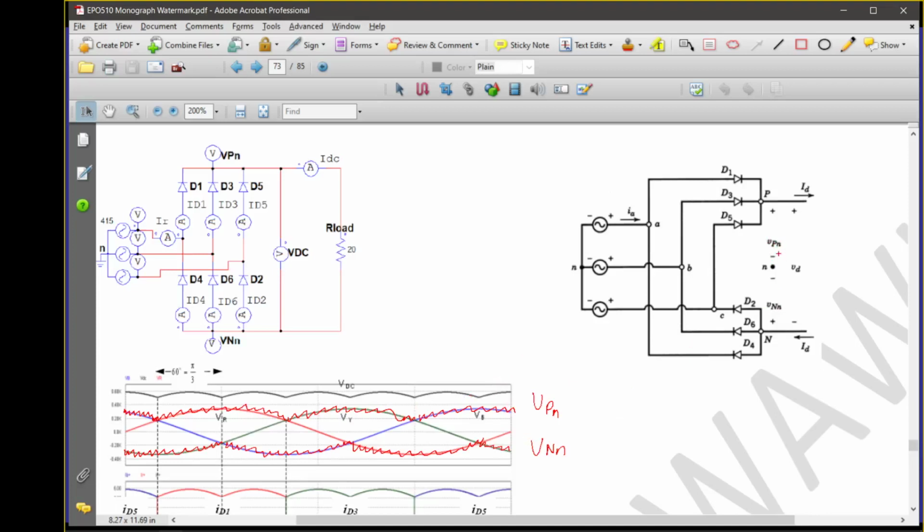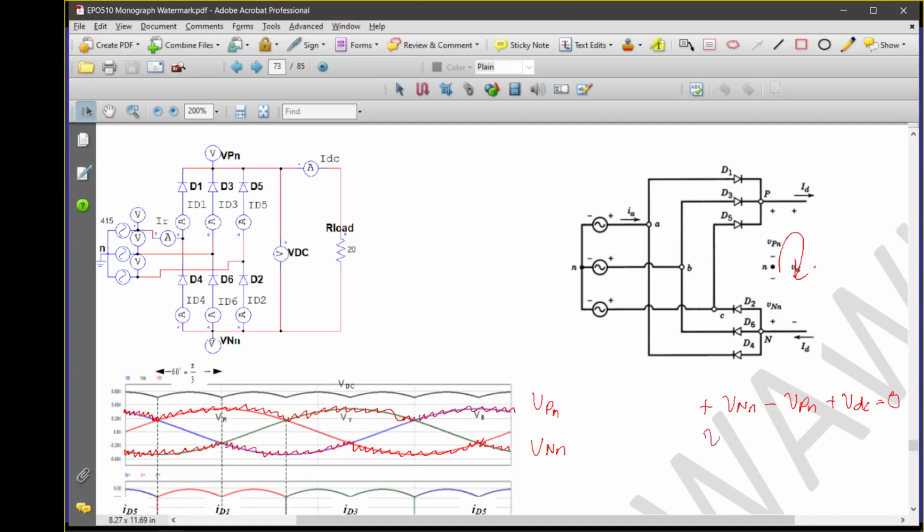And finally, if you take this KVL, the output we have plus VNN minus VPN plus VDC equals 0, isn't it?